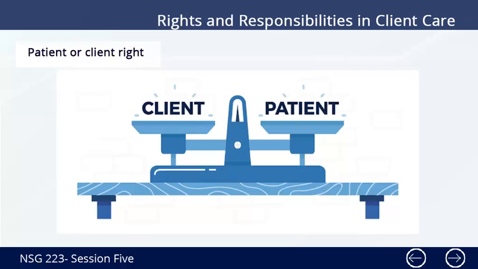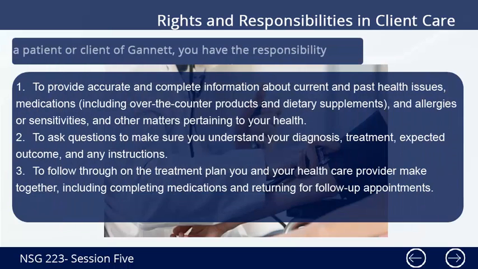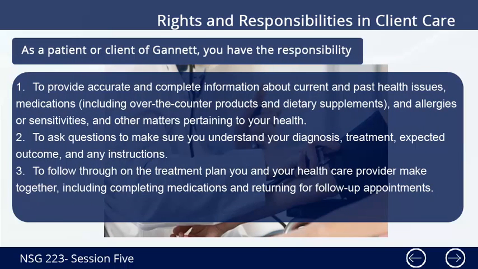E. To decline treatment to the extent permitted by law and to be informed of the consequences of making this decision. As a patient or client of Garnet, you have the responsibility 1.